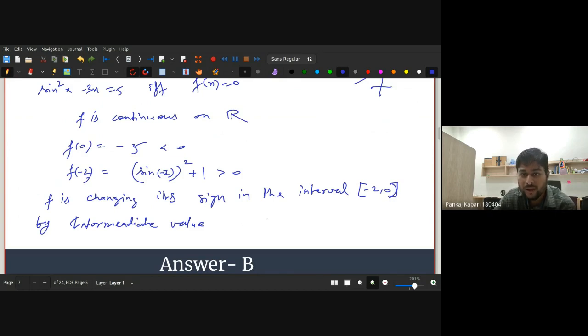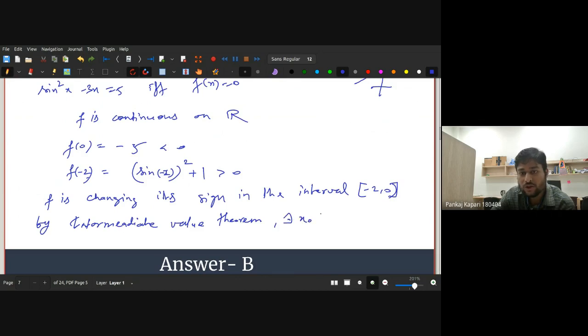Our function is continuous, and it takes one positive and one negative value. That means it has to take all the values between them, and 0 also lies between these two, so it has to take 0.